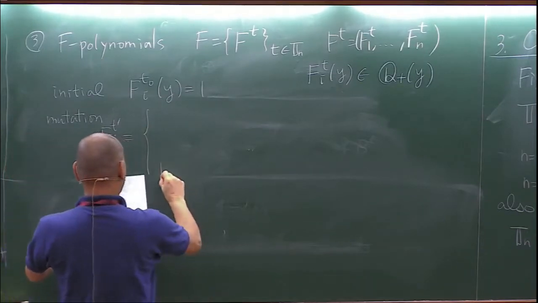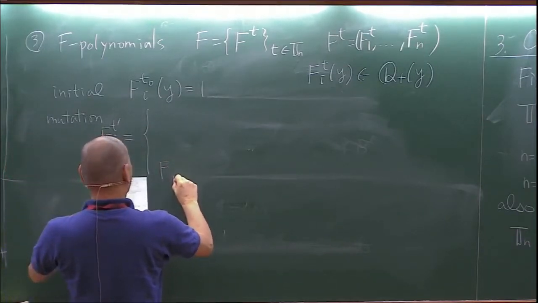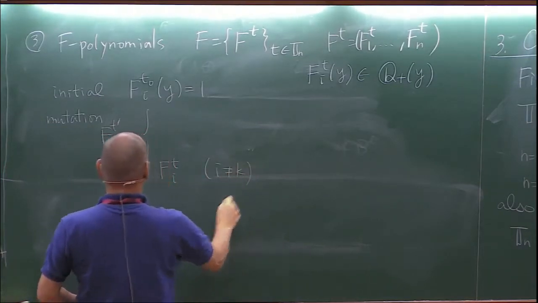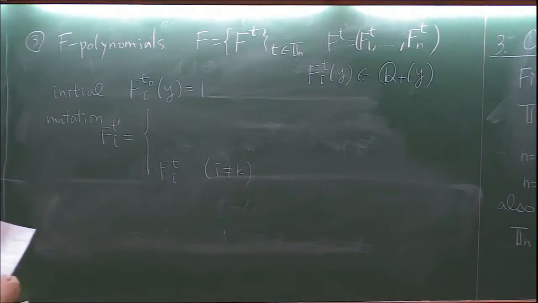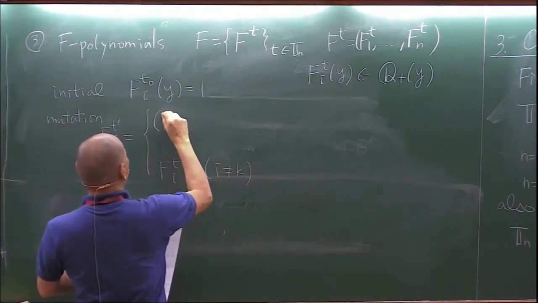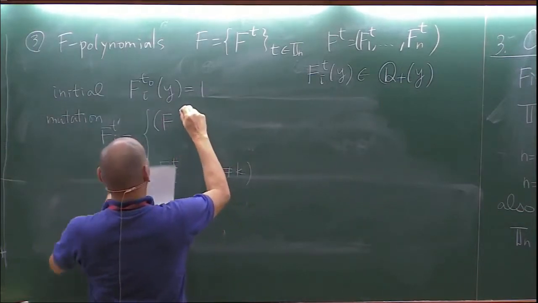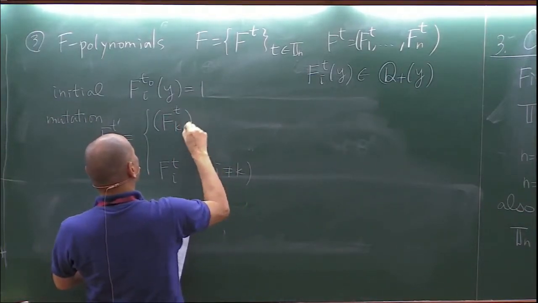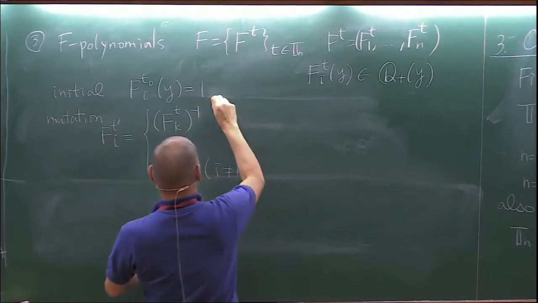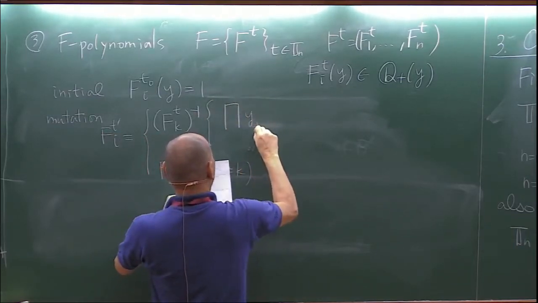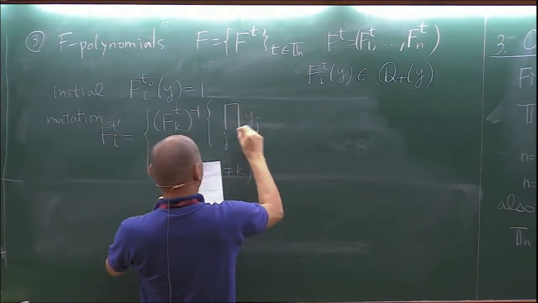But in my talk, I need to define it. So when i is not k, it doesn't change at all, but otherwise it is defined by some positive rational expression of the former one, in such a way. It's complicated, I admit, but I have to write it.